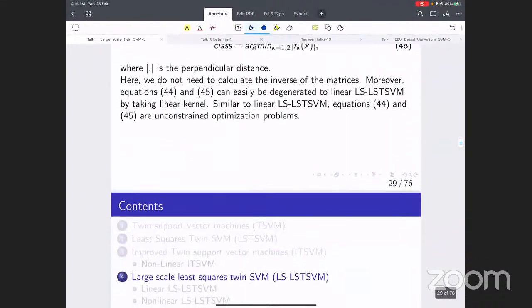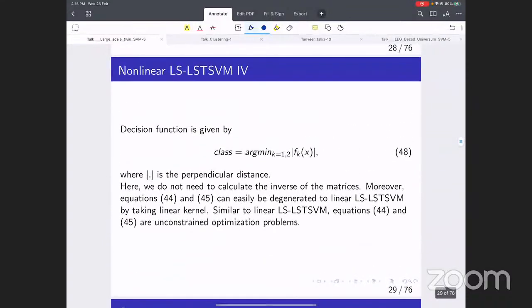In a similar manner we have done this, so we do not need to calculate the inverse of the matrices. Moreover, we can easily degenerate it to the linear formulation by using linear kernel functions. And similar to the linear case, the non-linear case also moves to an unconstrained optimization problem.